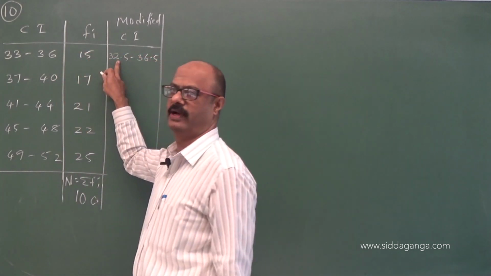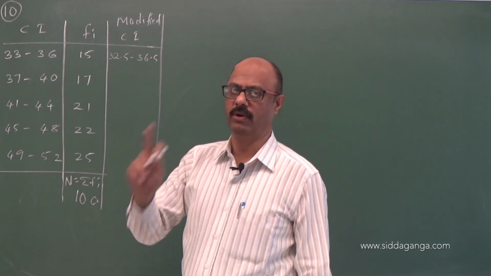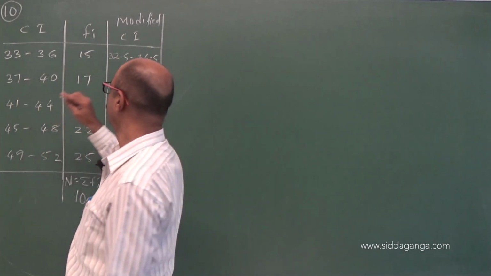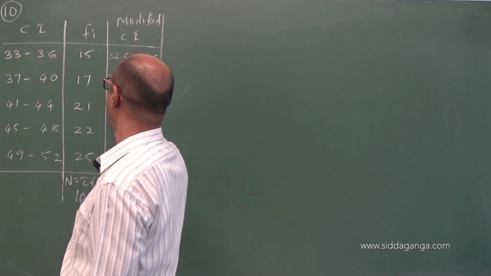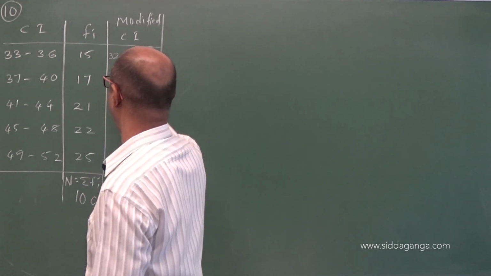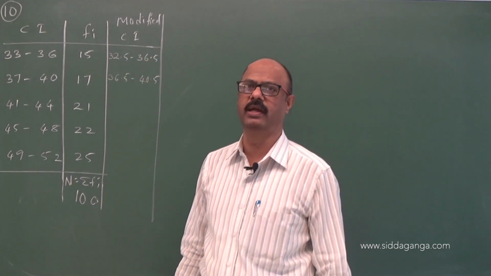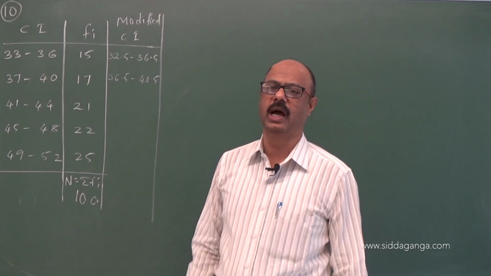For the first one subtract 0.5, for the second one add 0.5. Now for the second one, you will get 36.5 and this is 40.5. Now look here, this coincides, 36.5 and 36.5, in this type it must coincide.